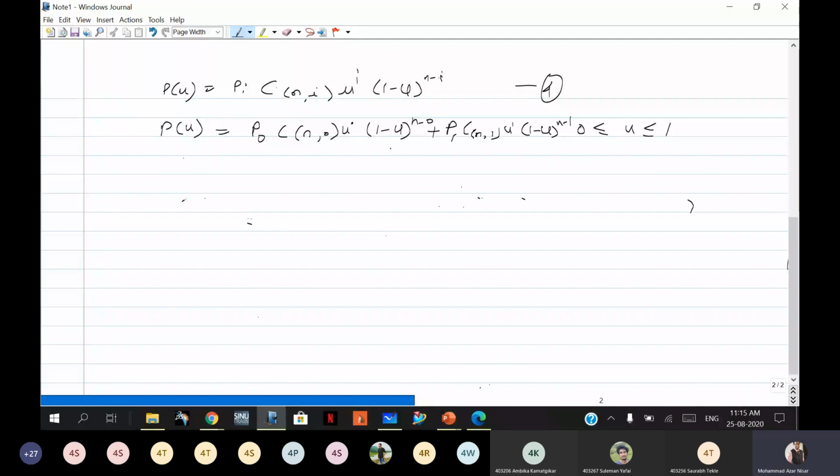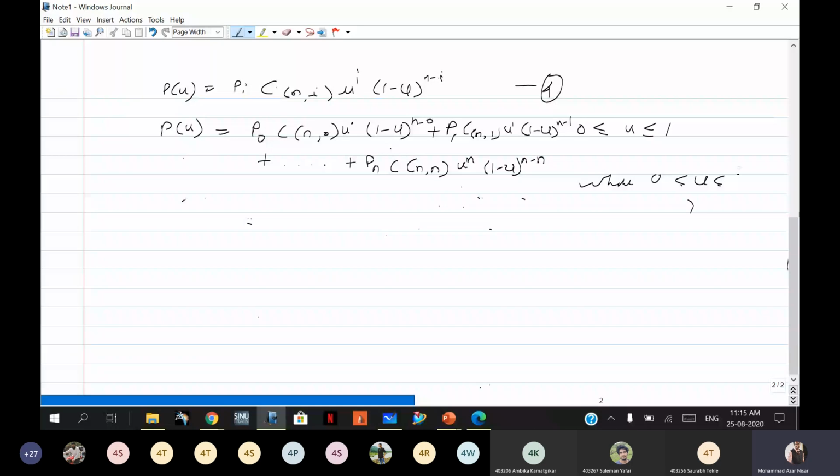Now so on, we can increase up to Pn, where the i value becomes n, and C(n, n) u raised to n, and (1 minus u) raised to (n minus n), where we vary u from 0 to 1.